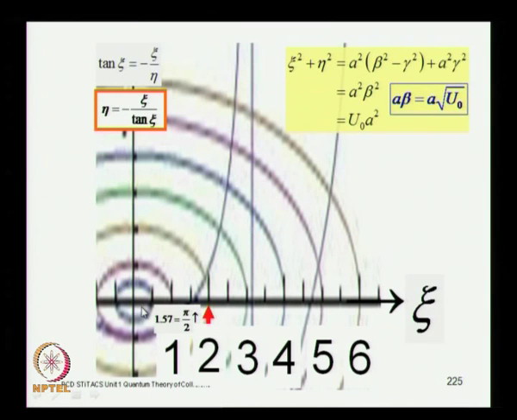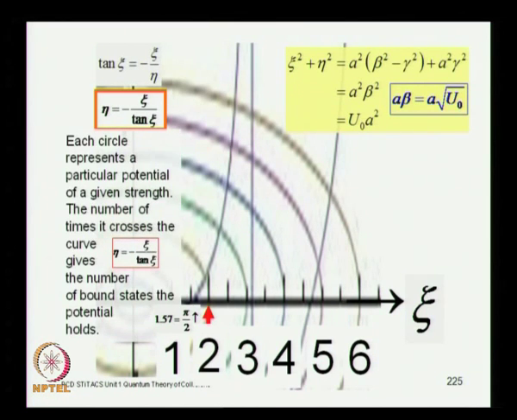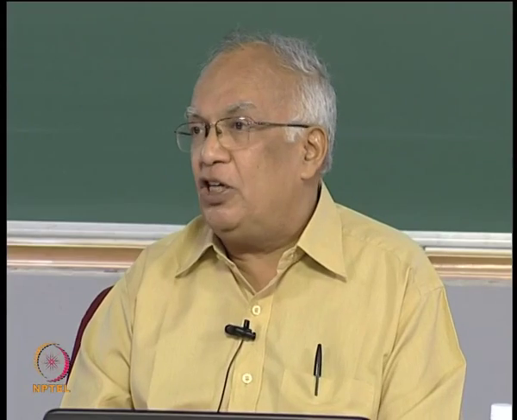For any value of xi less than this, you do not have a solution, and you will get the first solution only after the value of xi crosses pi by 2. So, the solutions will come from the intersections of these two curves, and the number of times you have a crossing of a particular strength with this family of curves is the number of bound states that potential will hold.